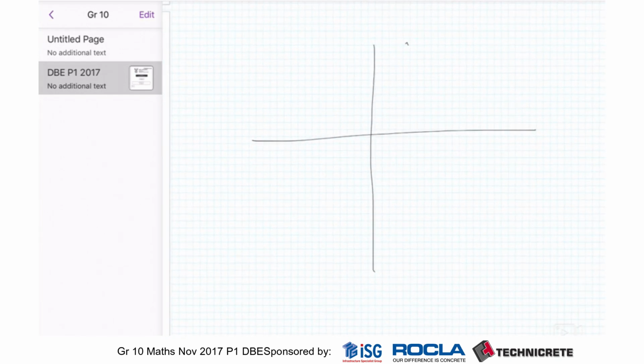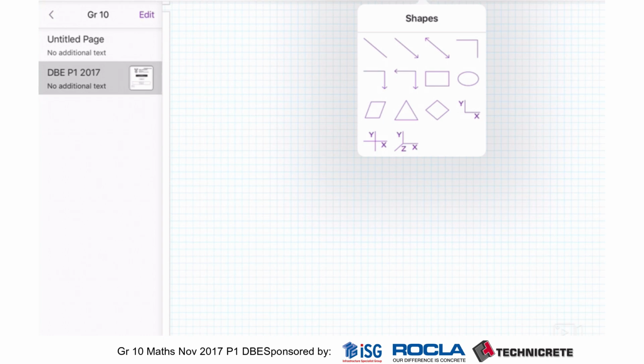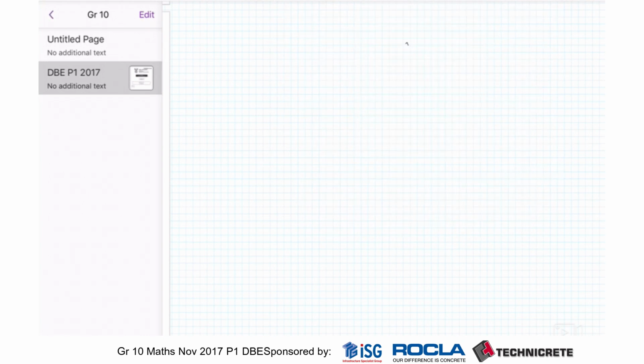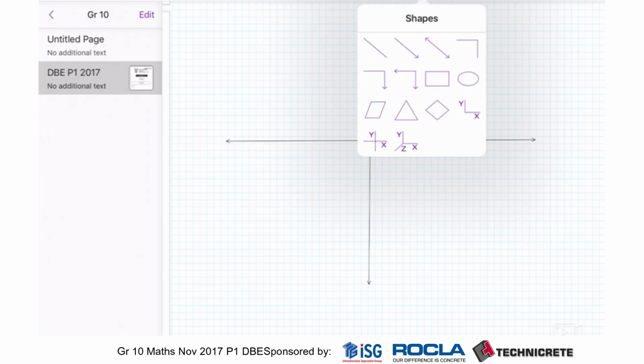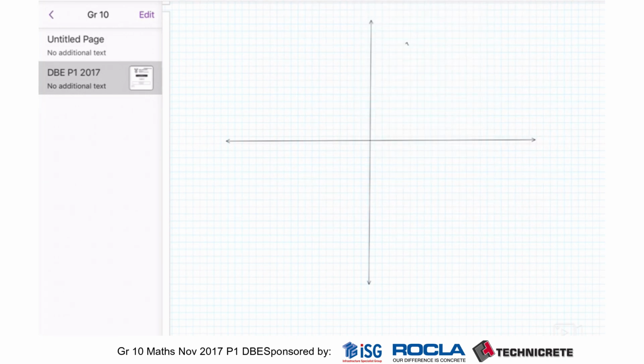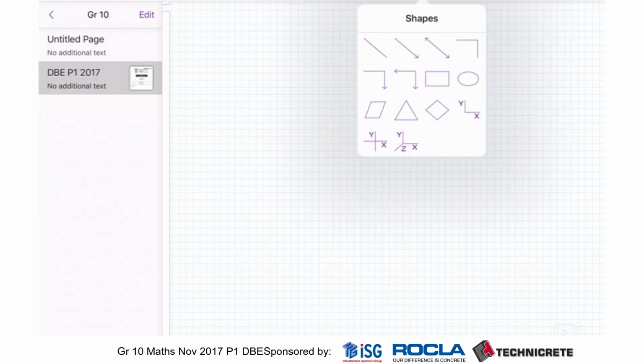It's not going to be picture perfect, but I'm hoping it does the job of what we need. Okay, so here is my y-axis, here is my x-axis. Okay, and oh, it literally gives it to me. Okay, so let's quickly erase this and let's add it in.